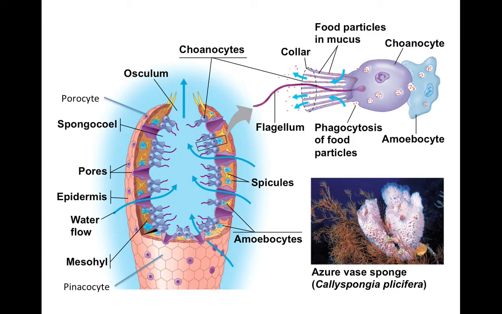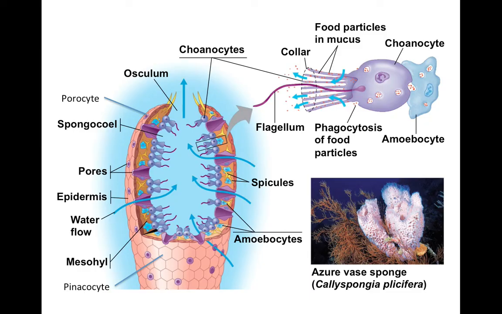Okay, one other thing to point out to you are these spicules, which are typically made of some type of mineral-like substance, either made from silica or silicon dioxide or calcium carbonate. So sponges can be either calcareous or siliceous, or sometimes they're neither. Sometimes they just have protein fibers of a protein called spongin that makes up the body of the sponge.